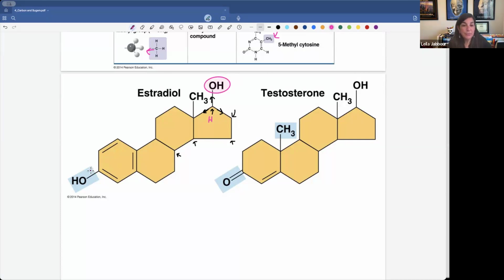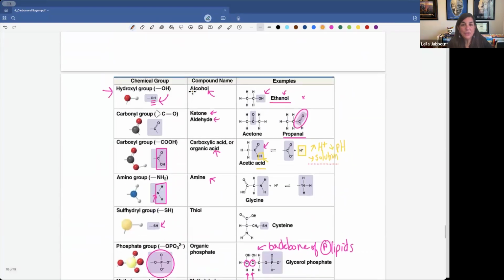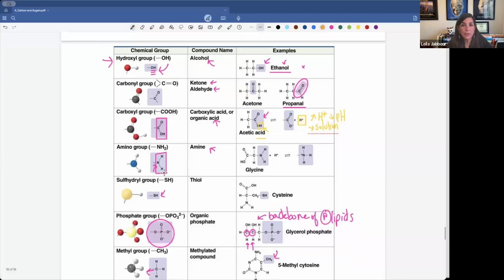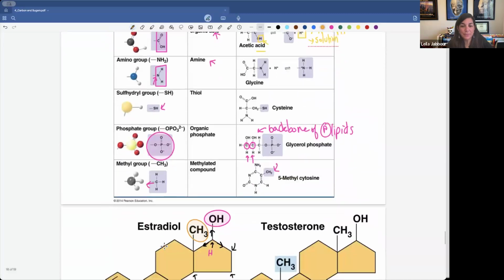And there happens to be another hydroxyl group over here. Look at that. And we have a methyl group over here. Amazing, right? See, we saw these groups. Here, methyl group, that was the last one.